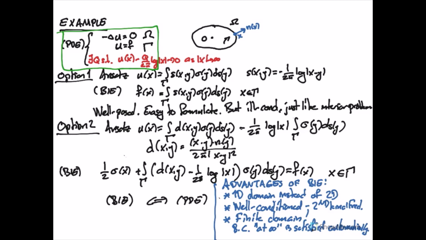One idea would be to enclose your domain omega in some artificial external boundary, set some boundary condition there, and then solve in a finite domain. But generally speaking, it's really quite hard to figure out how to use standard PDE discretization techniques on an infinite domain. There are lots of methods that have been proposed, but in a case like this, the boundary integral equation formulation really has a very persuasive advantage.